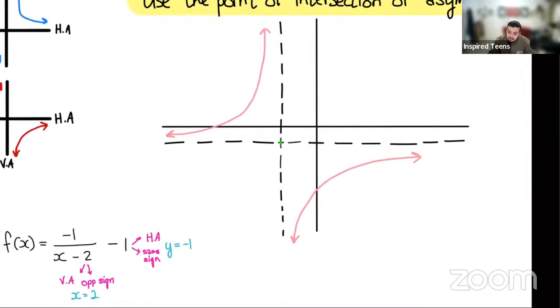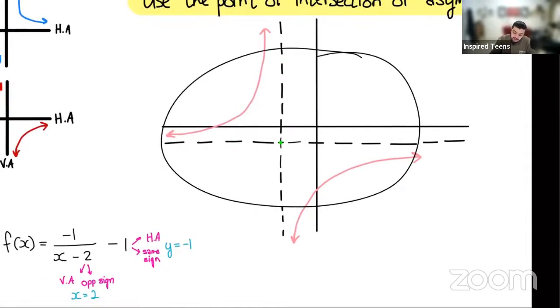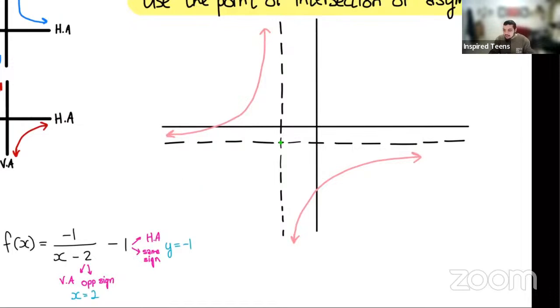So let's look at how they look. Firstly, here's an example of a hyperbola graph. The axis of symmetry for this hyperbola graph looks something like this.